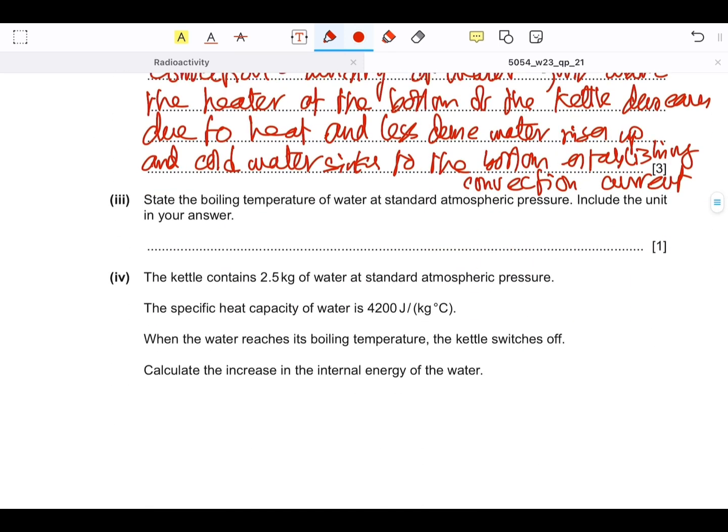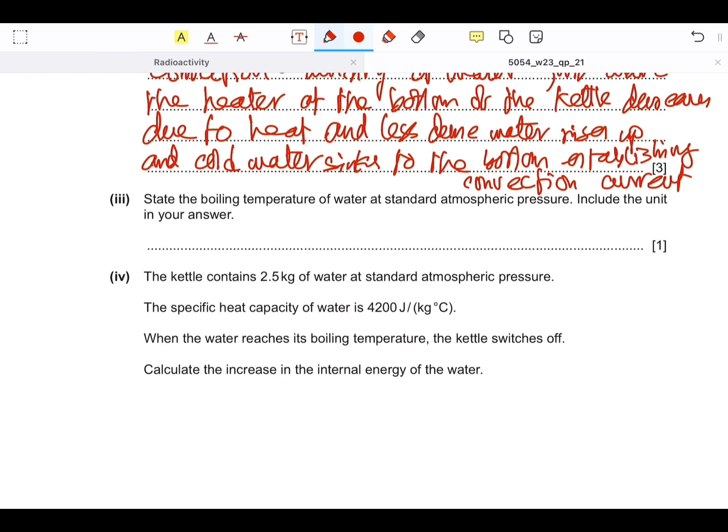Okay. Moving on to the next question. State the boiling temperature of water at standard atmospheric pressure. Include the unit in your answer. So it will be 100 degrees Celsius or 373 Kelvin.